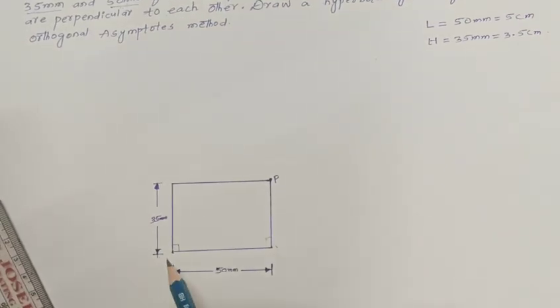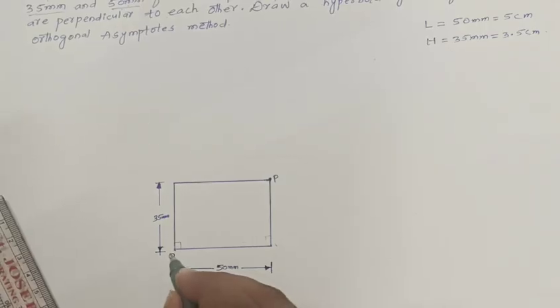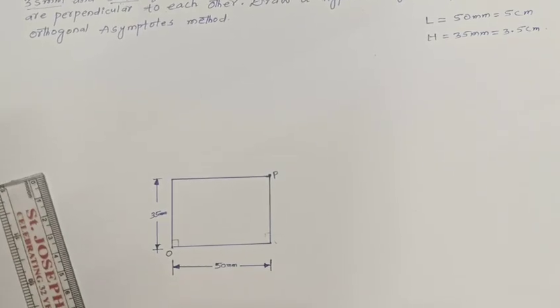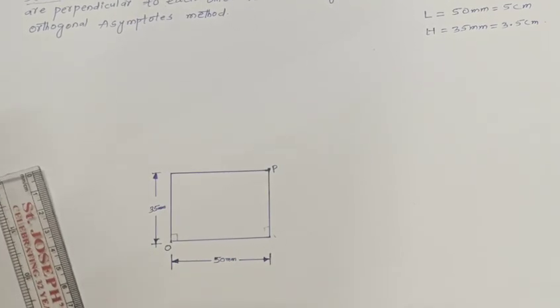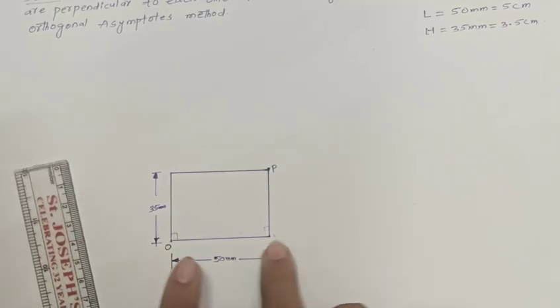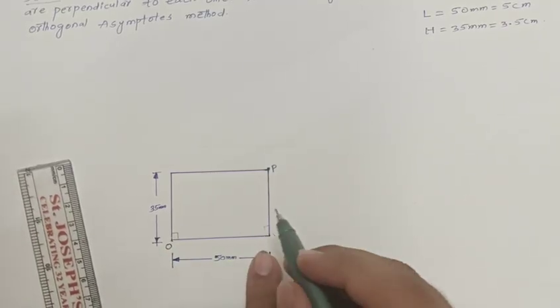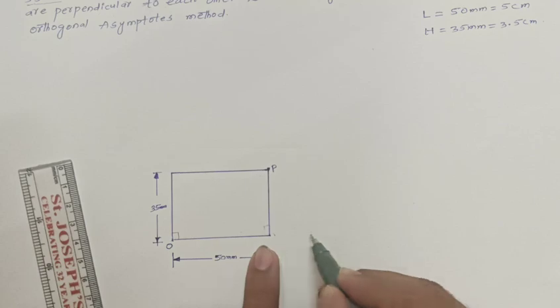From this point, what can we say? We can say it is the origin point. It is represented as O. Clear? From this point, we need to draw one horizontal line.